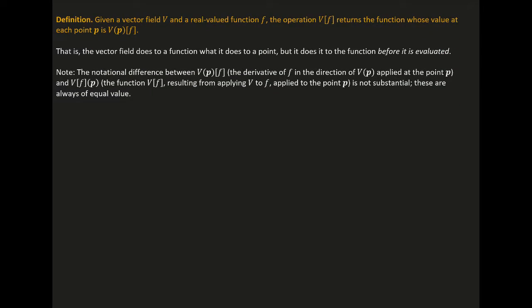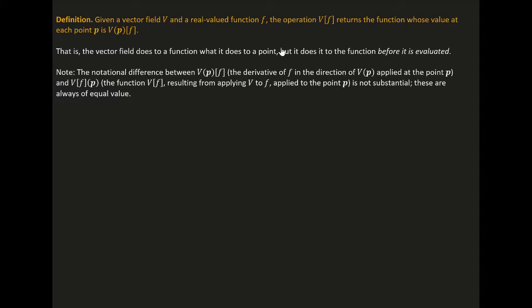All right, we need the following definition. Given a vector field v and a real valued function f, the operation v of f returns the function whose value at each point p is v of p of f. Let's break that down. The vector field does to a function what it does to a point, but it does to the function this operation before the function is evaluated.